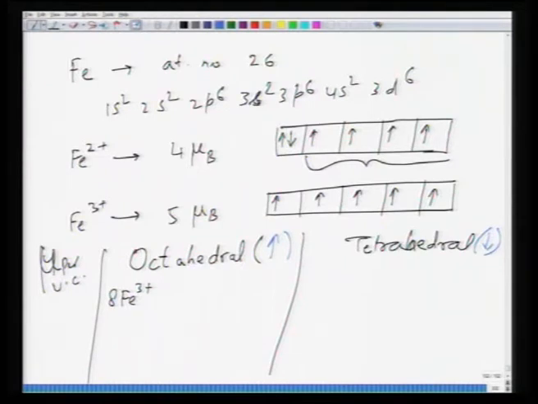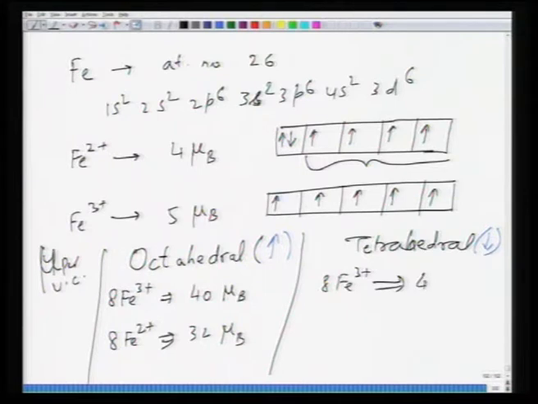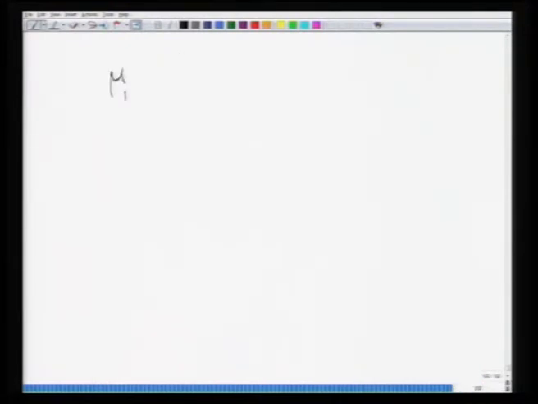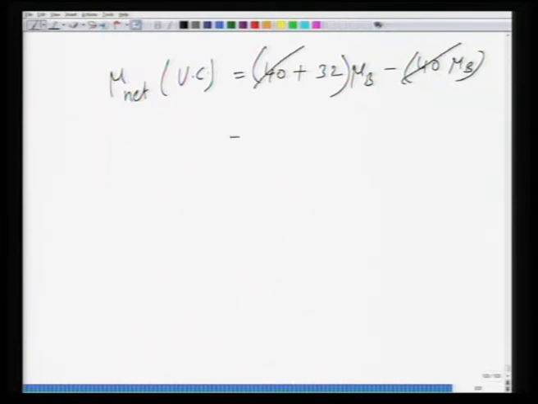You can take it the way you want, but essentially it's going to give rise to a net magnetic moment. 8 Fe3 plus will give rise to 40 mu B, and 8 Fe2 plus will give rise to 32 mu B, and here 8 Fe3 plus will give rise to 40 mu B. So mu net per unit cell will be equal to 40 plus 32 mu B minus 40 mu B. The 40s cancel each other, and what you will have is 32 mu B per unit cell.